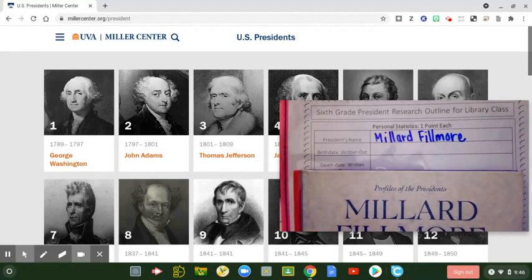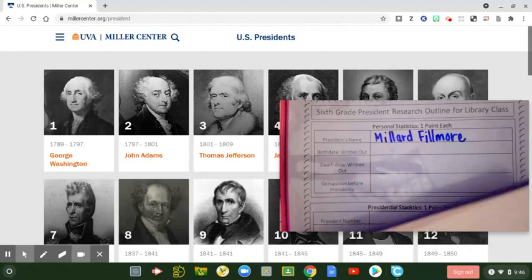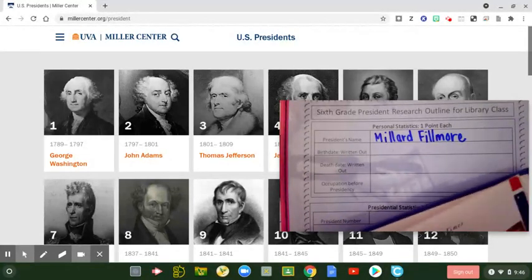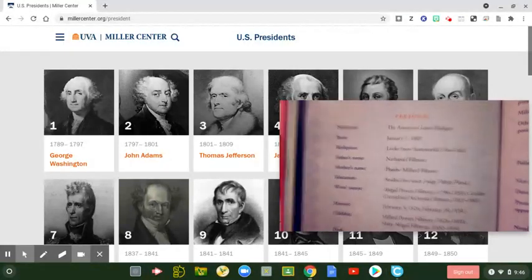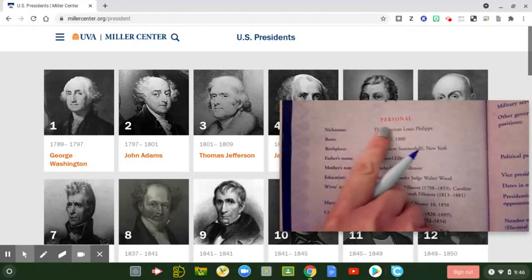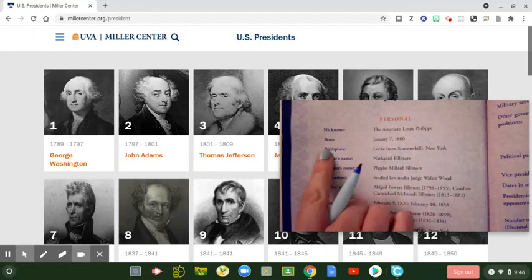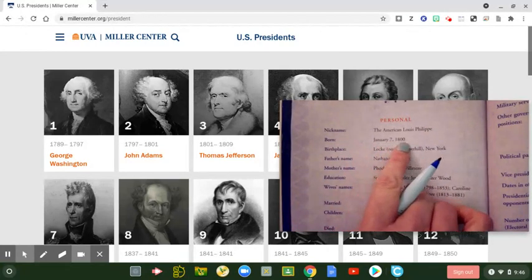All right, I need to find his birth date. Well, in the back of the blue book, there is a nice section that tells us all of this information about Millard Fillmore. All right, so if we start here and we look, of course, there's a nickname. But I could use that as my interesting fact. But here, he was born January 7th, 1800.